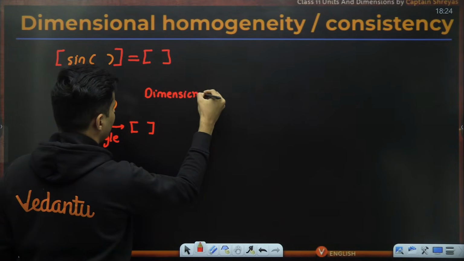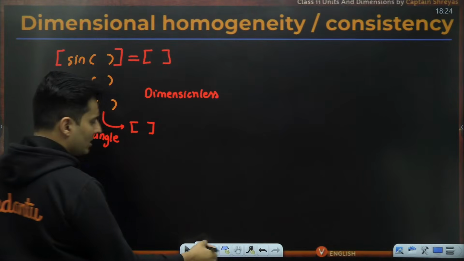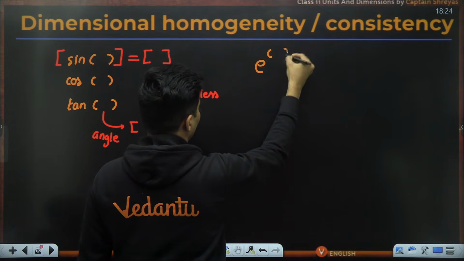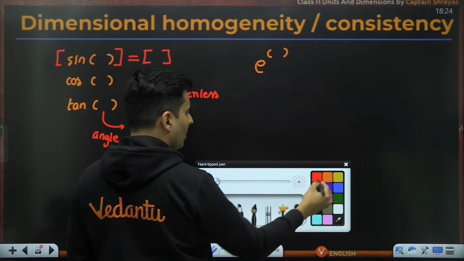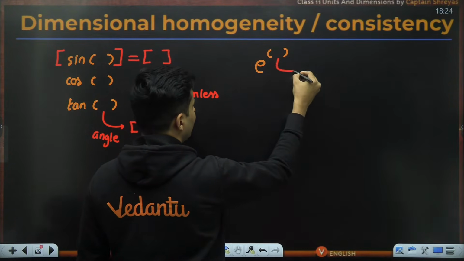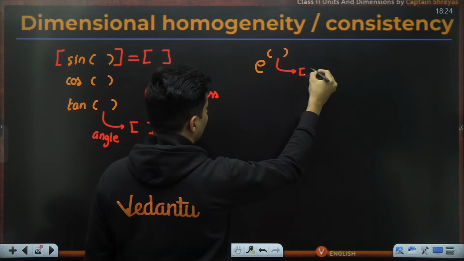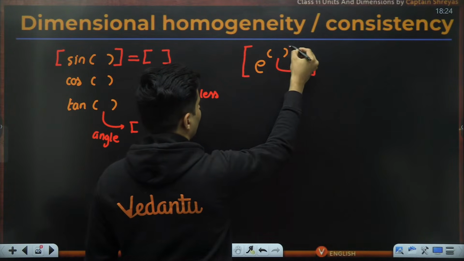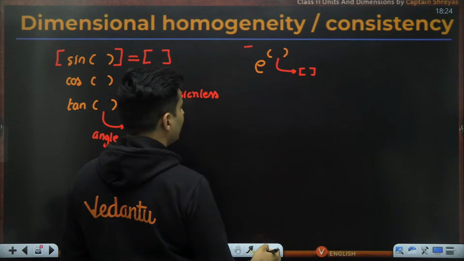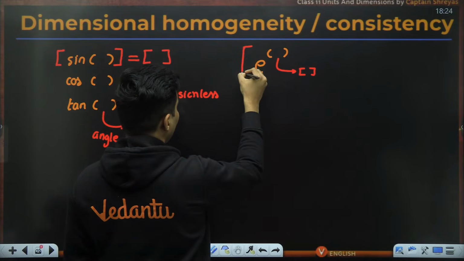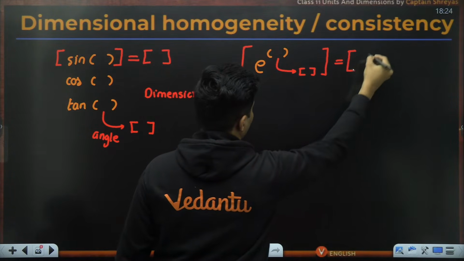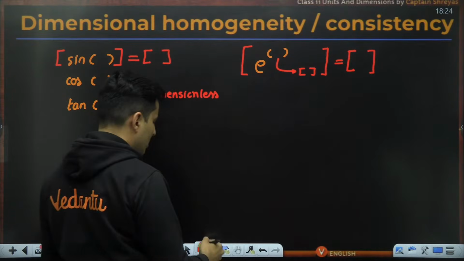Not just that, even e raised to something, whatever is inside is also dimensionless, and this quantity itself is also dimensionless.